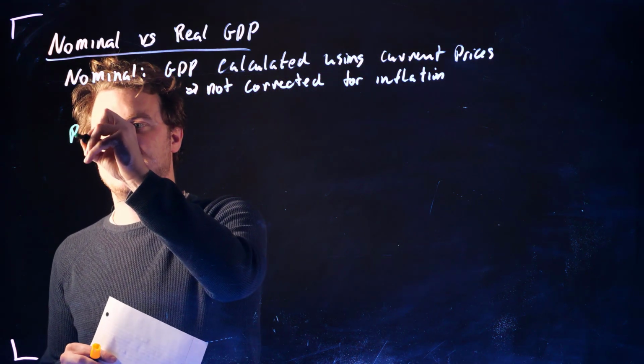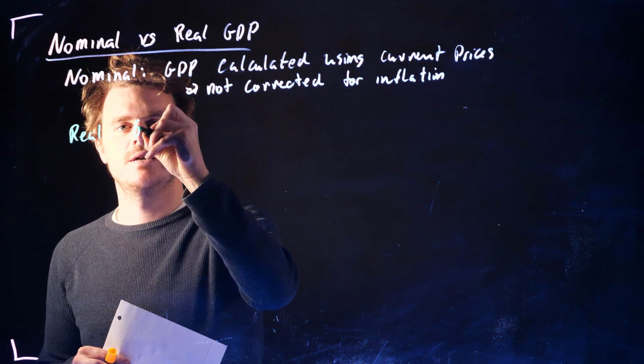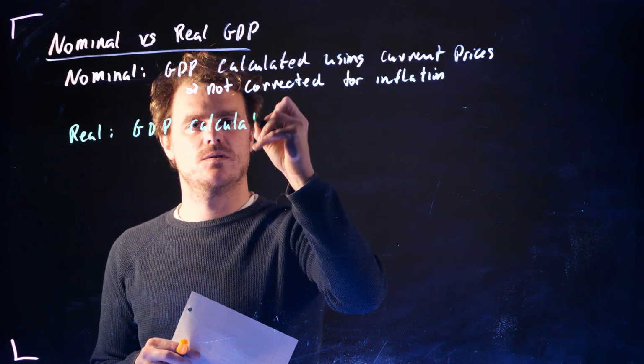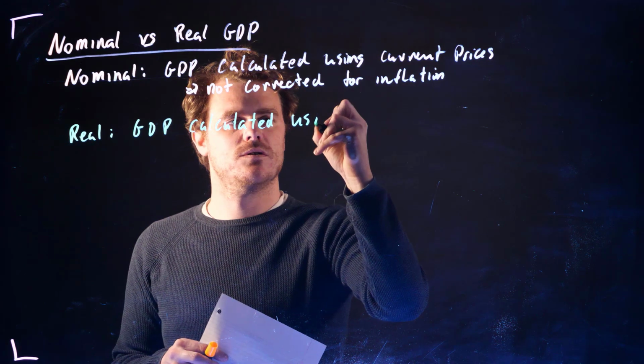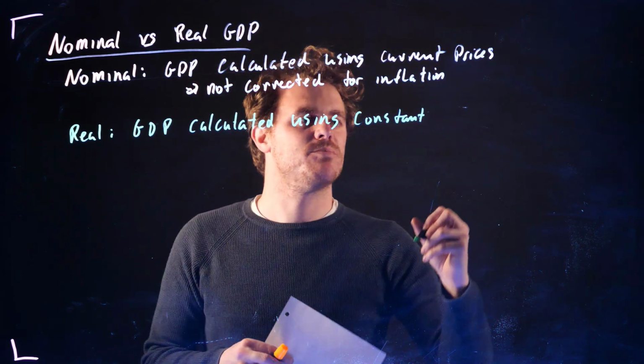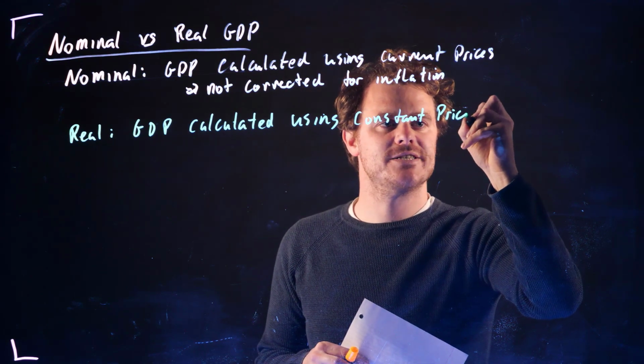Now, real GDP, on the other hand, is GDP calculated using constant prices. By constant prices, I mean prices from a base year.